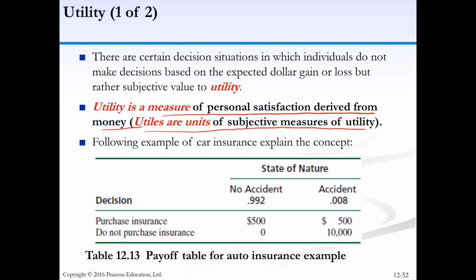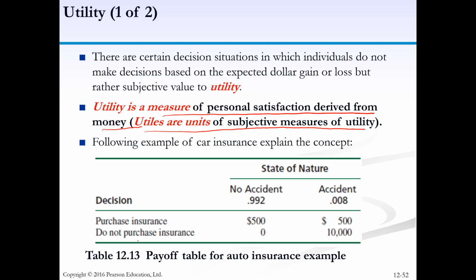Now, the following example of car insurance explains the concept. Let's say this is the statistics: the accident doesn't occur 99.2% of the time, and only 0.008 probability is there of occurring, which means 0.8% chance of occurrence is there.